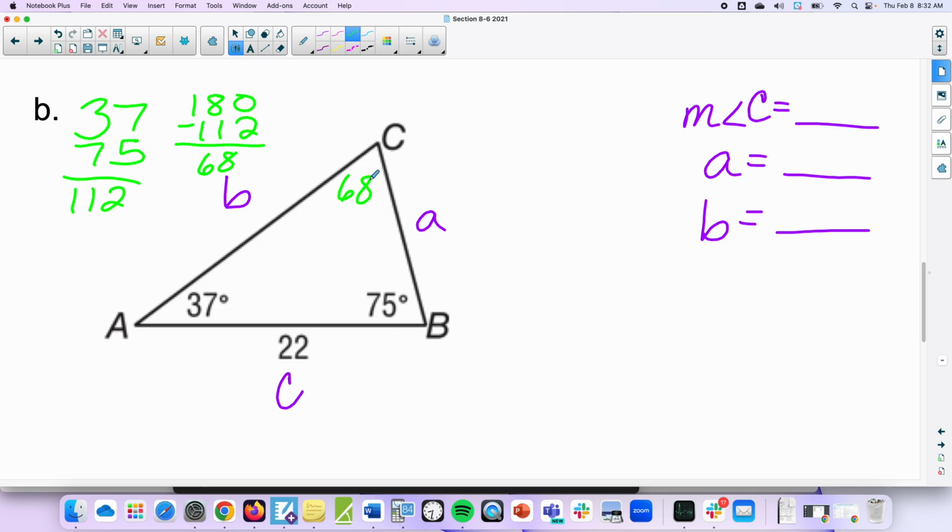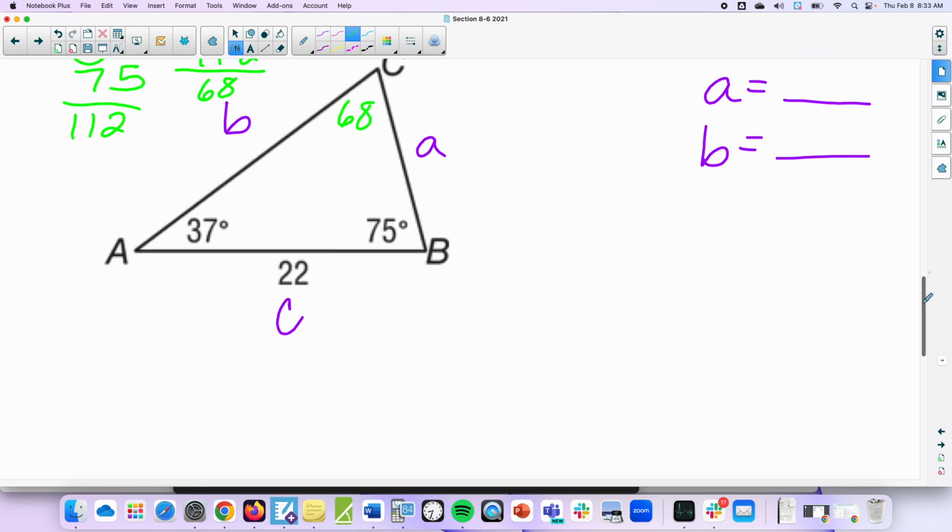Okay? Then now I know angle C and little c, so what I can do is use that to find little a and little b. So I'm gonna go sine of c over little c, and I can find a or b next. I'm gonna do a first.